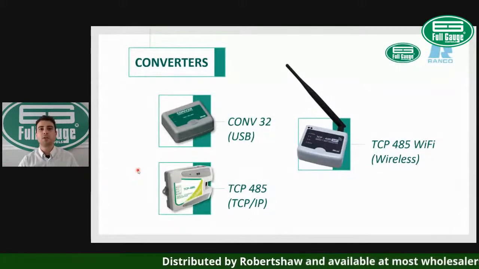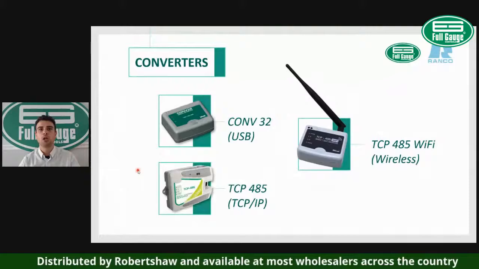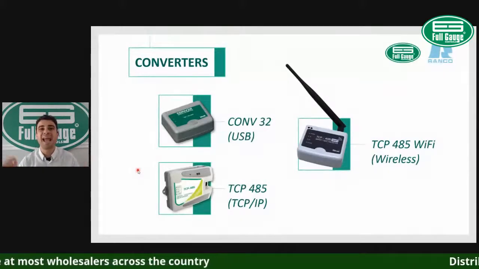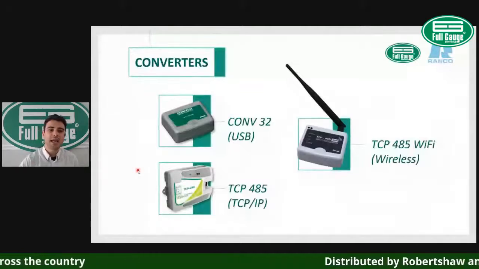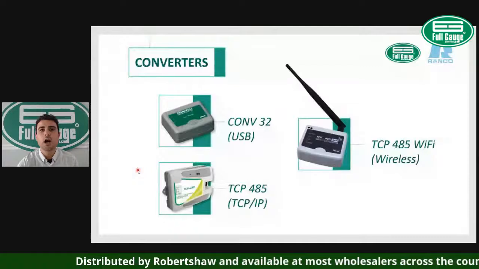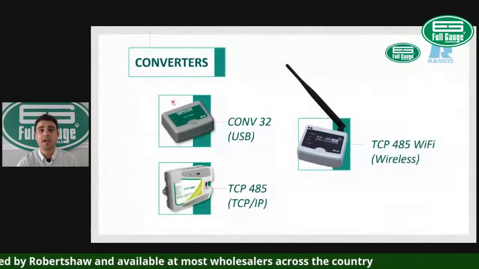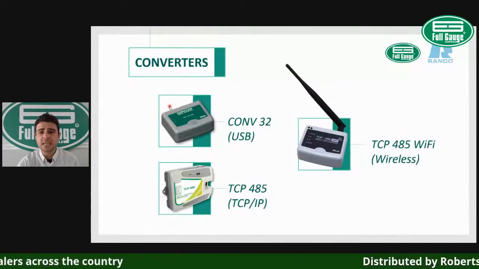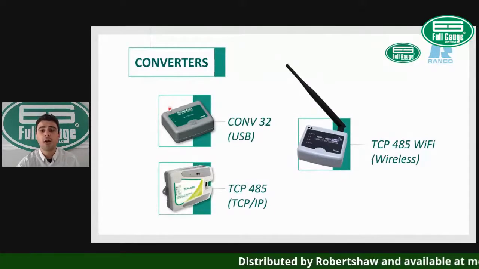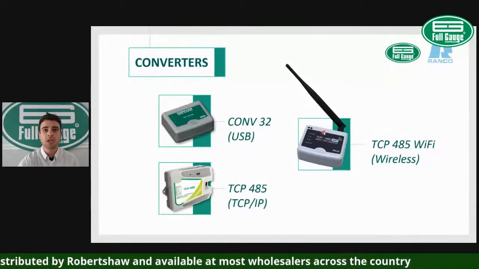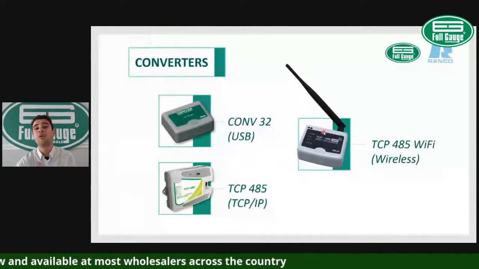With these three pieces of equipment, controller, converter, and software, you have remote monitoring and control. So again, Conv32 will provide you a hardwired option, hardwired up to 32 controllers. TCP 485 Wi-Fi Log provides you a wireless option between converter and computer.